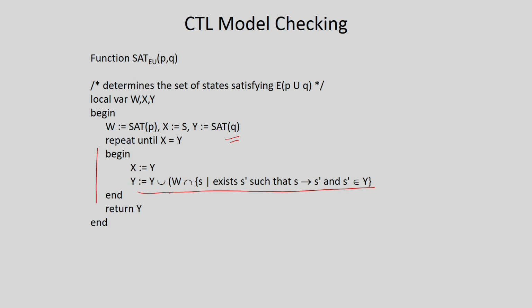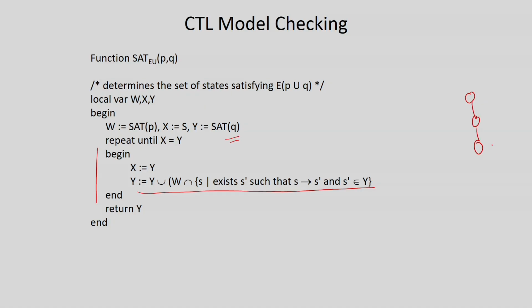So, what are the states we are going to include? What is W? W is nothing but the set of states where P is true. We take these states because if P is true in a particular state, then only E P until Q has a chance to be true in that state. If Q is true over here, then E P until Q is true in this state by definition.